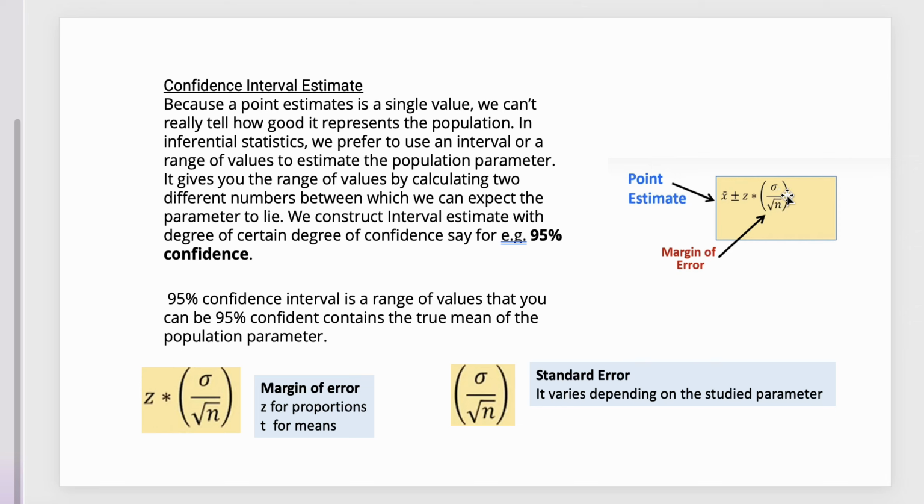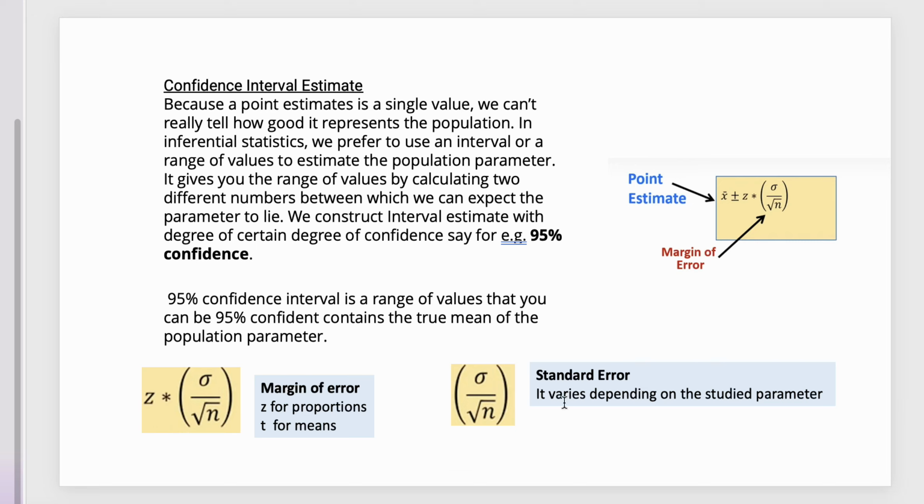Everything following the plus or minus sign, the z and the stuff in parentheses, the standard deviation over the square root of n, is called the margin of error. You've heard it in elections, that the favorability for this person is 53% with a margin of error of 3%. That means it could be 3% more, could be 3% less. That's what the margin of error is all about.